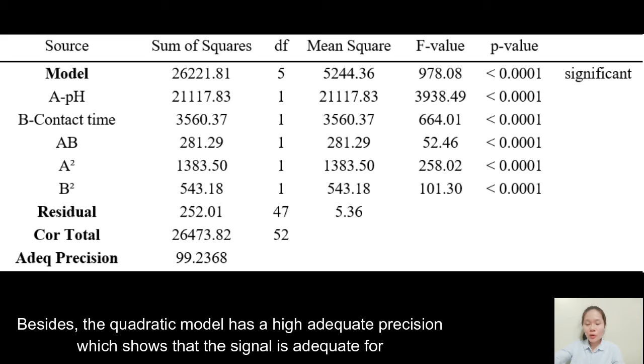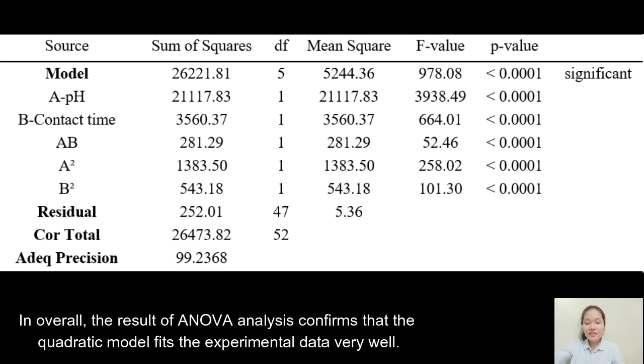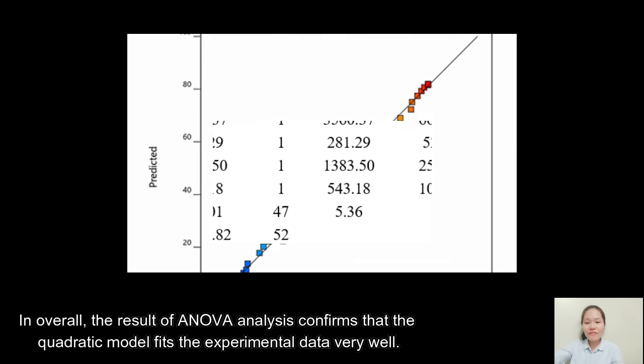Besides, the quadratic model has a high adequate precision, which shows that the signal is adequate for optimization, in which all the predicted data are within the experimental range. Overall, the result of ANOVA analysis confirms that the quadratic model fits the experimental data very well.